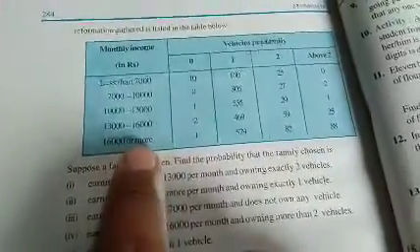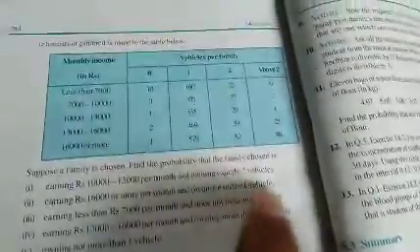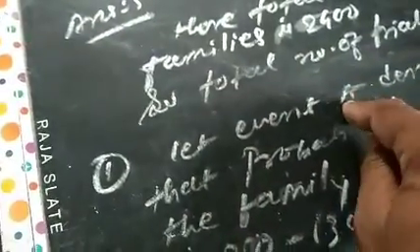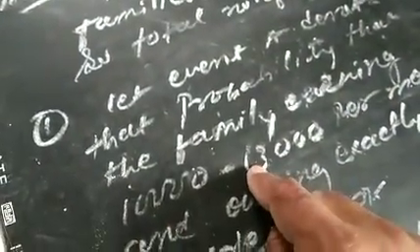In the data, take the last column, 16,000 and more, and exactly one vehicle, which is 579. Now let event B denote the probability that a family earns 16,000 and more per month and owns exactly one vehicle.